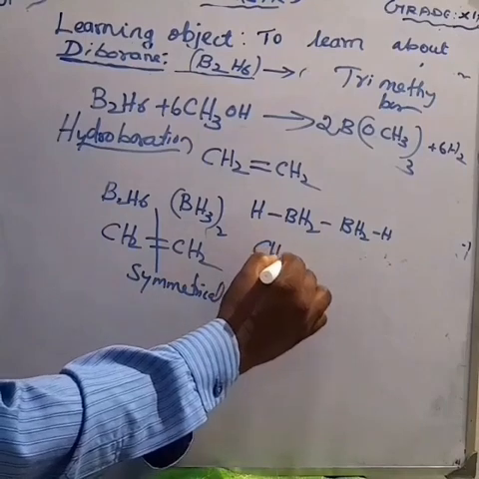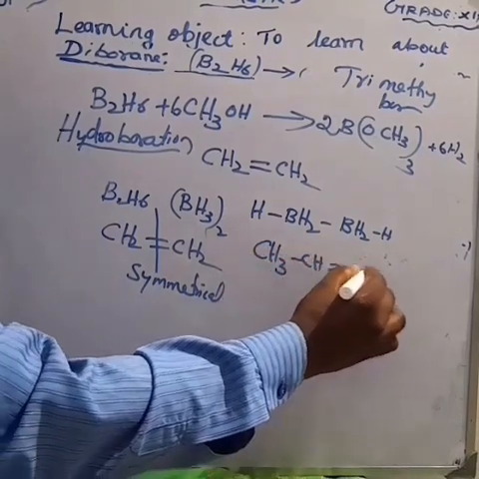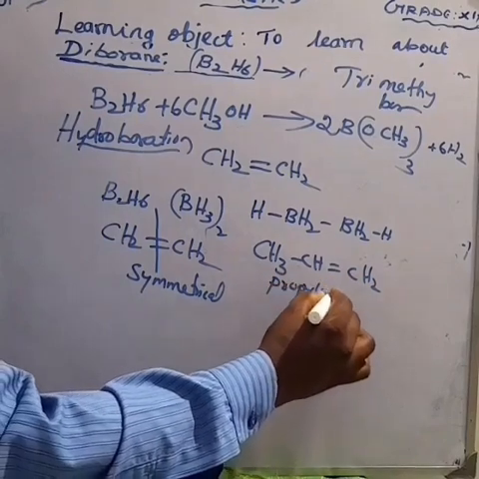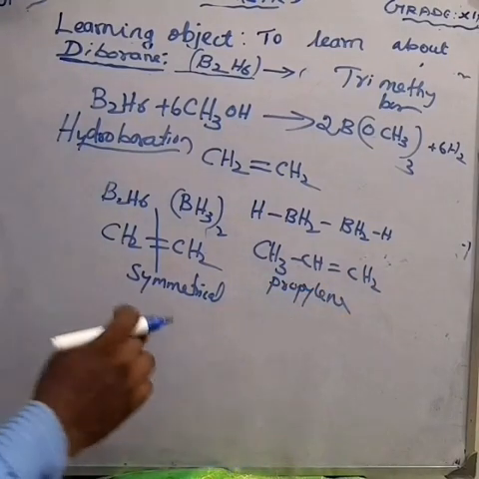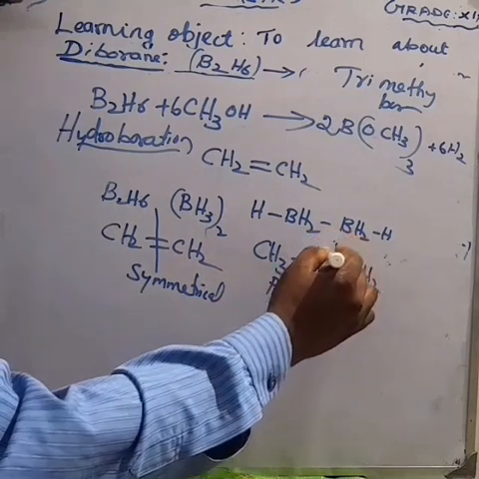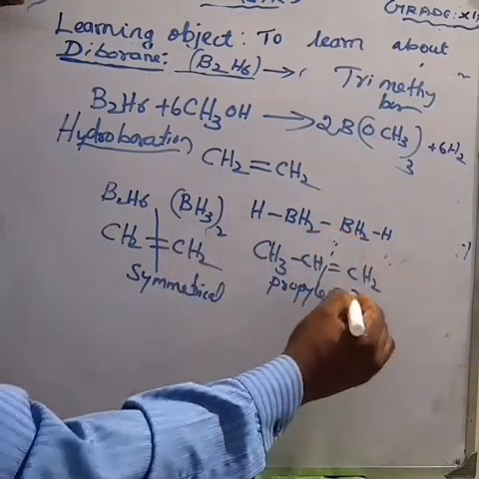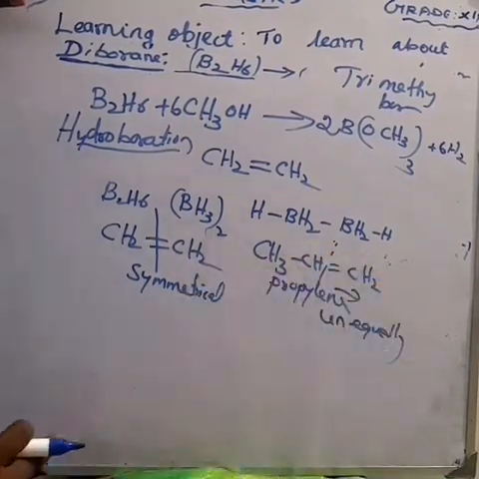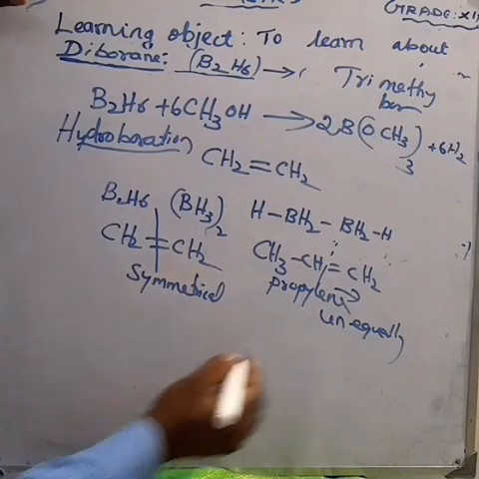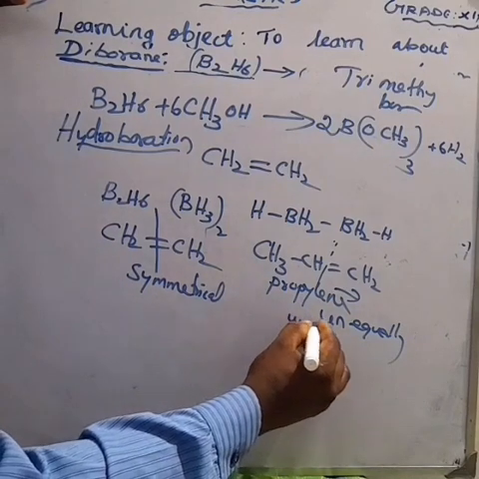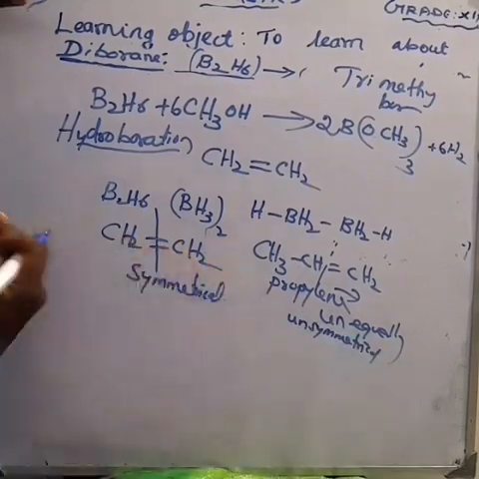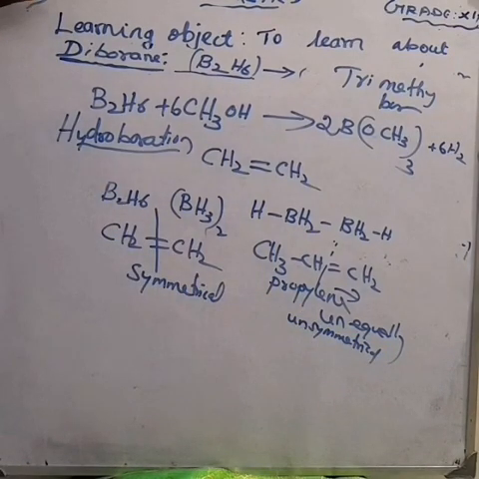For example, another compound CH3-CH double bond CH2 is called propylene. Can we divide this compound equally? No, we cannot; we can divide it unequally. Unequally divided is called unsymmetrical. Symmetrical means it can be equally divided, so these are symmetrical alkenes.